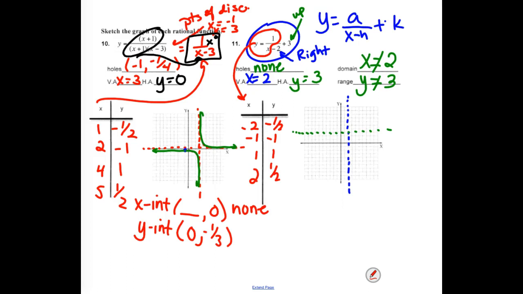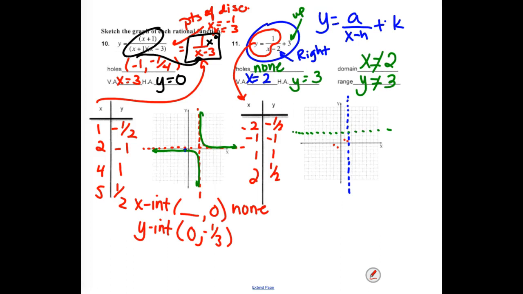So if we were to plot those points, -2, -1/2, -1, -1, we now have to shift them right 2 and up 3. Okay? If we plot the other two, 1, 1 and 2, 1/2, we now have to shift those right 2, up 3.